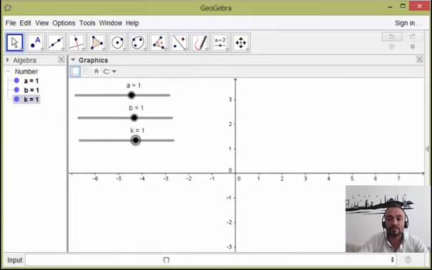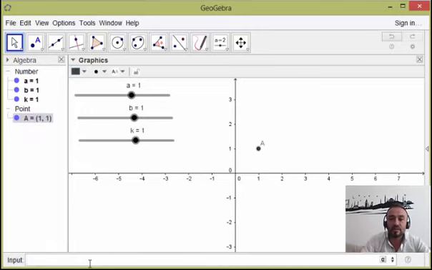My sliders will work as a point AB. This is my focus point, and the line y equal to k.